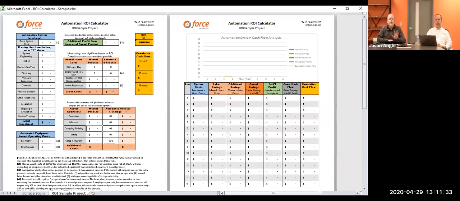That's where all the data goes. There's some guidance information in the text at the bottom of that page. And then the page on your right that has the graph at the top and the table beneath, that is all just to demonstrate profit over time. We'll talk about that and show that as we go. But for now, we're going to zoom in and look at each section on the first page.